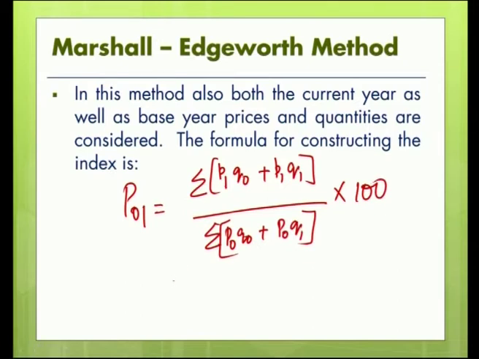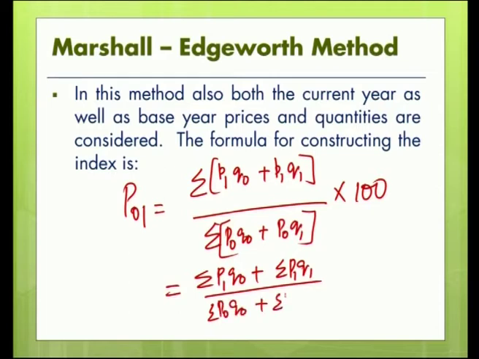This can be written as separate summations: summation P1 Q naught plus summation P1 Q1 by summation P0 Q naught plus summation P0 Q1 into 100. This is the price index using Marshall-Edgeworth method.